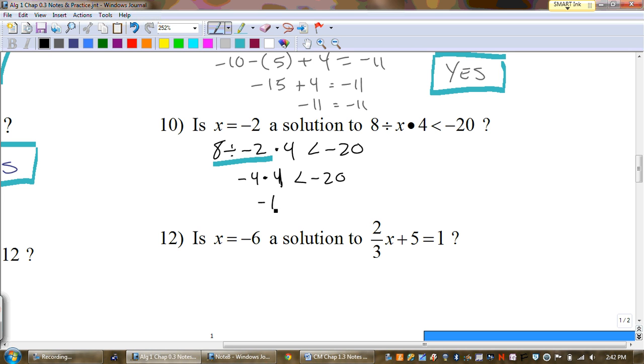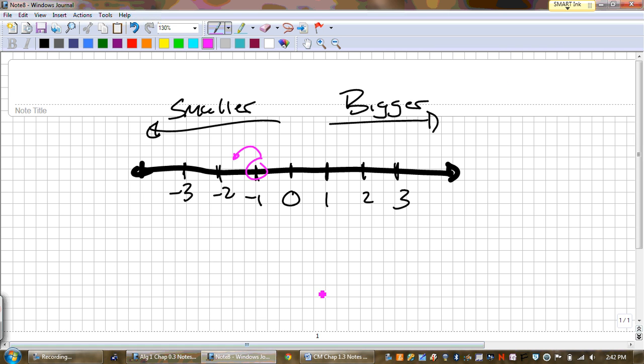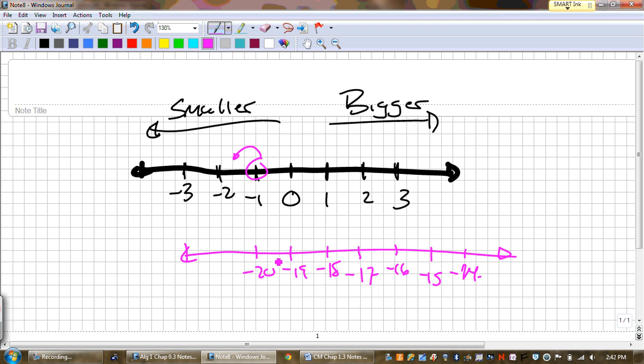Negative 4 times 4 is negative 16. And let's take a look back over here. Now, if we keep this going, negative 14, negative 15, negative 16, negative 17, 18, 19, negative 20.